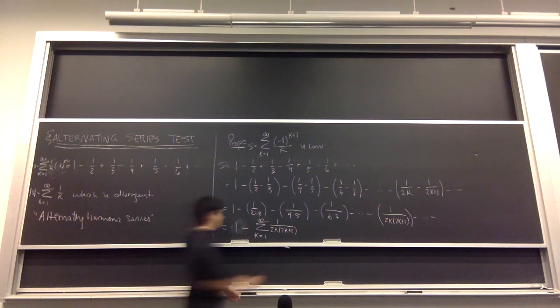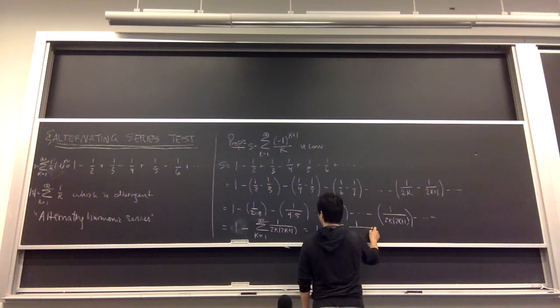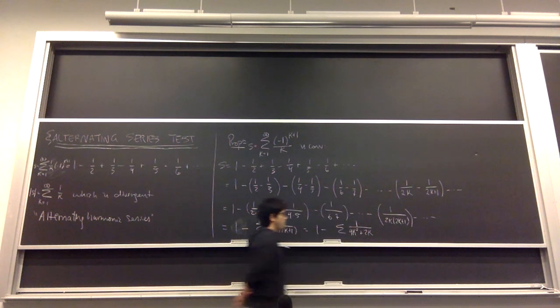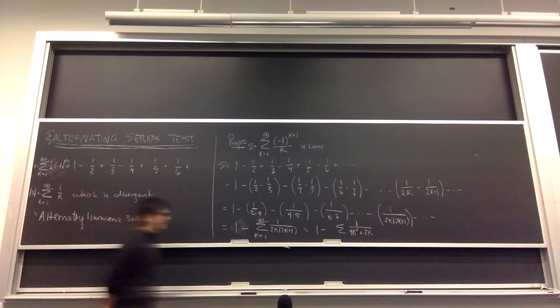Okay, I'll expand it a bit. So this is going to be 1 minus sum 1 over 4k squared plus 2k. How would you attack this one?